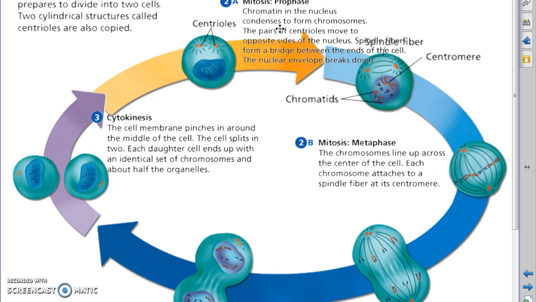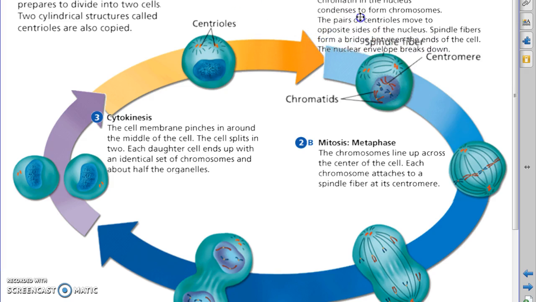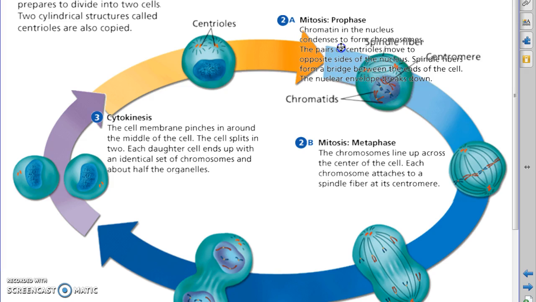By having the DNA essentially knit itself into a chromosome, it makes it a lot easier to split it into two new cells and make sure that each new daughter cell gets an exact copy. Okay, so that's actually mitosis prophase.